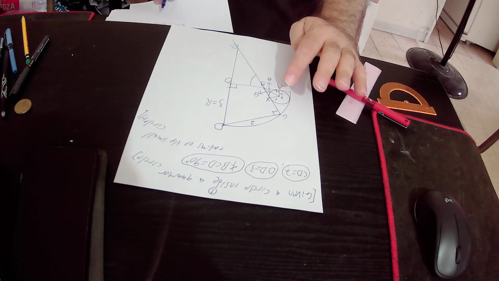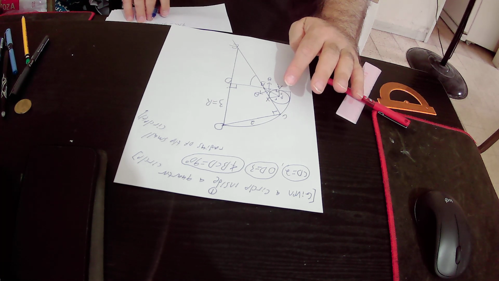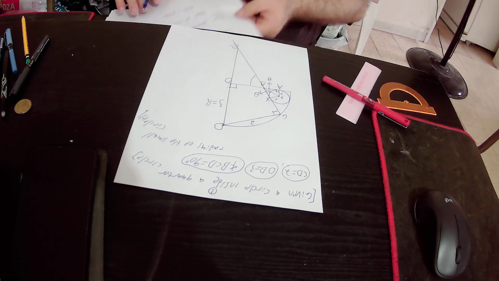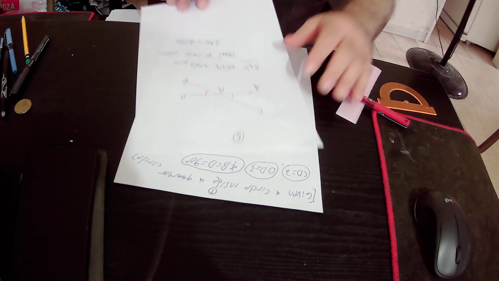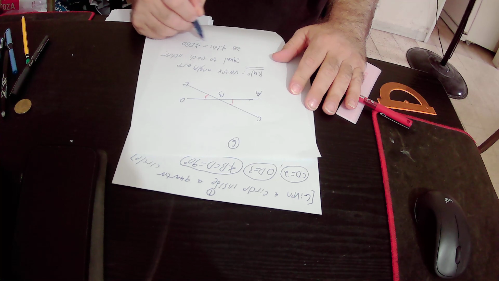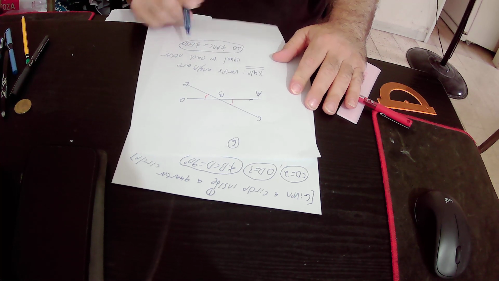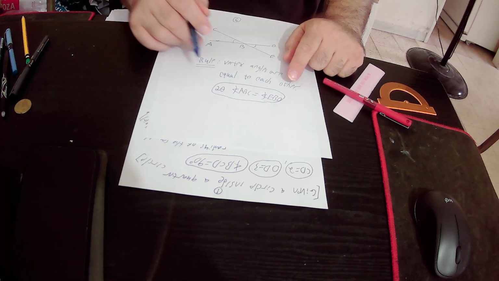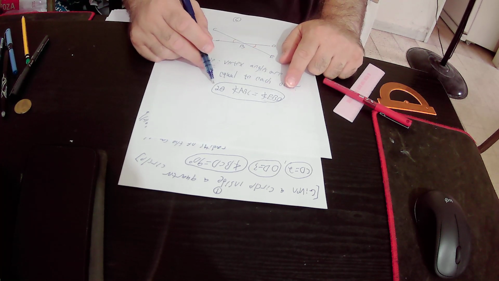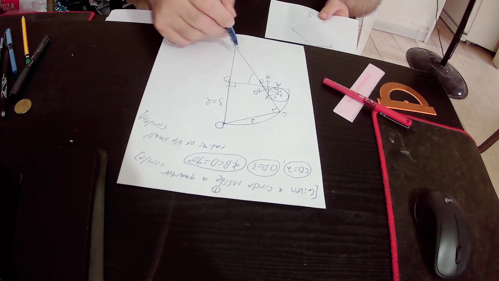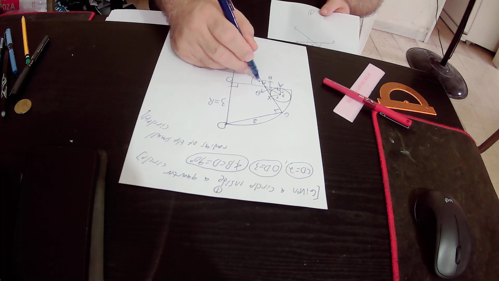From this drawing, we can see that angle ABC equals theta plus theta, that is to say angle ABC equals 2 theta. From this equality we can derive that angle EBO also equals 2 theta.